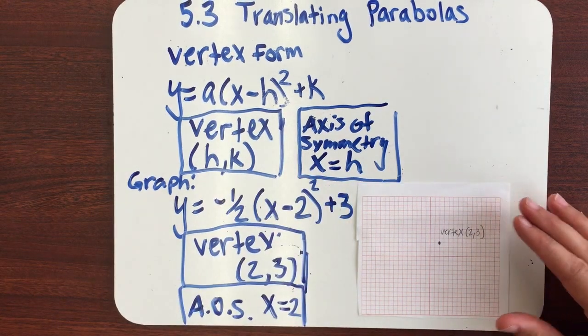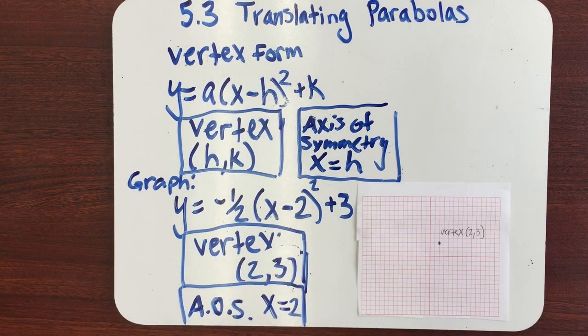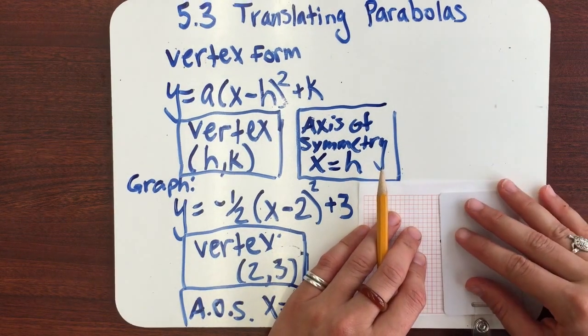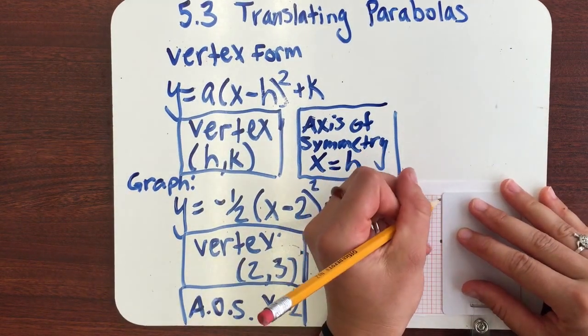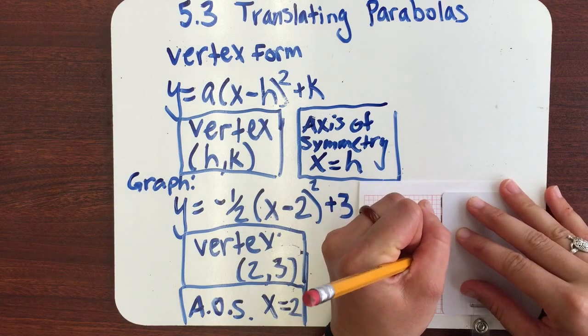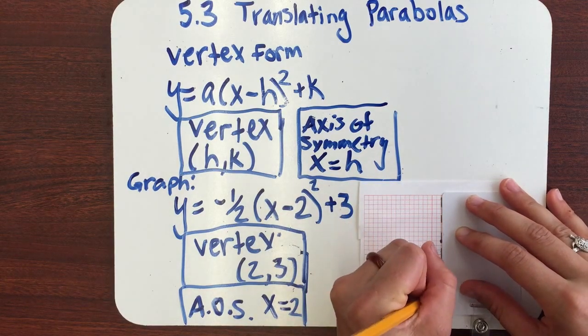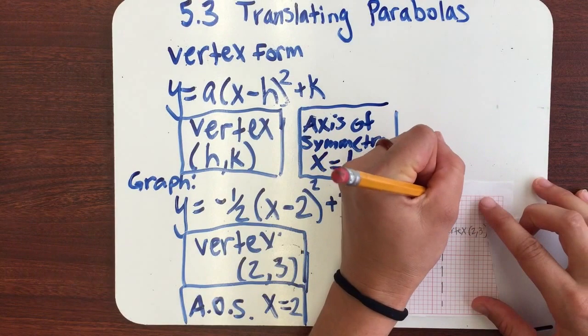And then we also know our axis of symmetry, which is x equals 2. Whenever it's x equals a number, it's a vertical line, so this will be going through 2. The axis of symmetry is just cutting the parabola right in half.